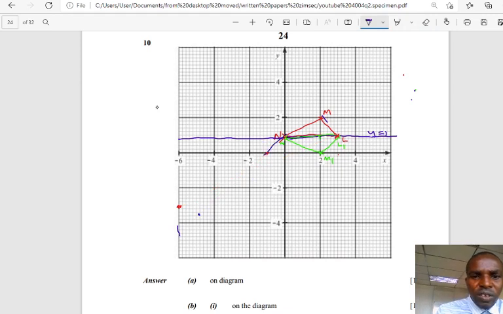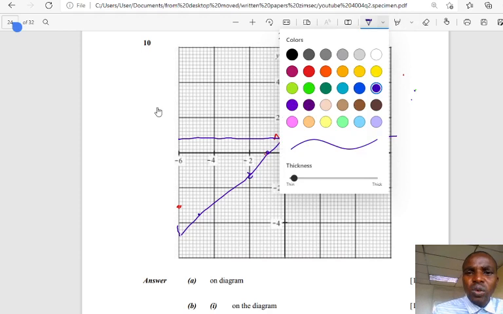So the first one is supposed to be here. Then the second one, through the center (-1, 0).